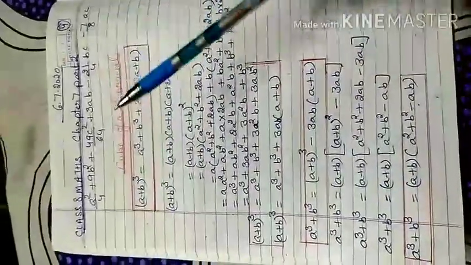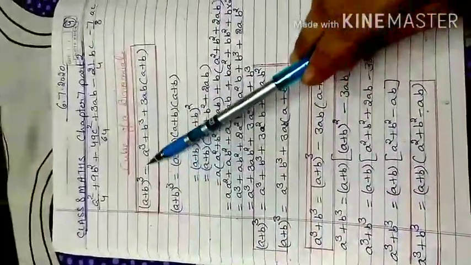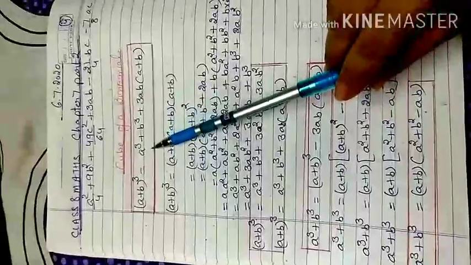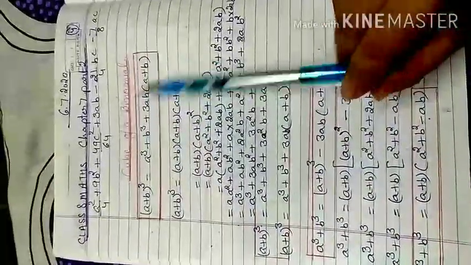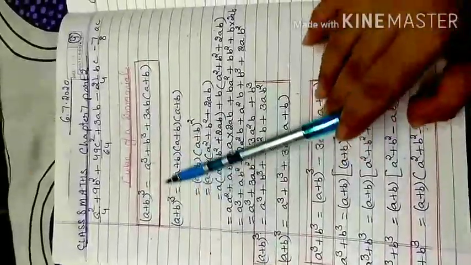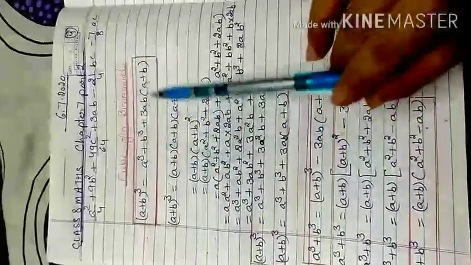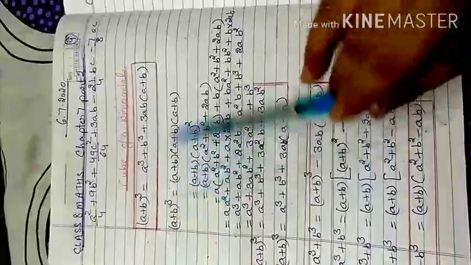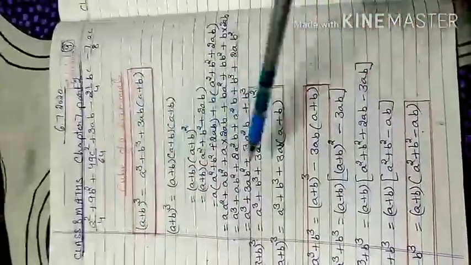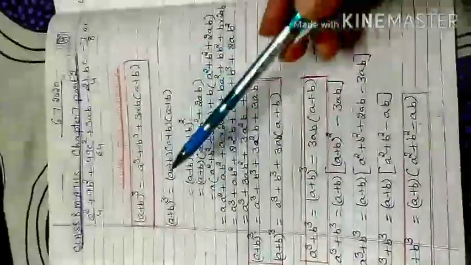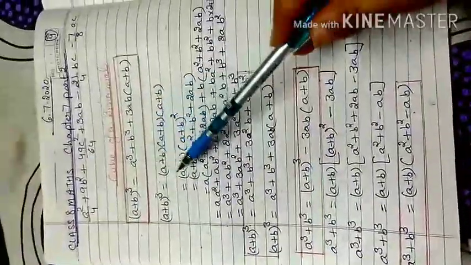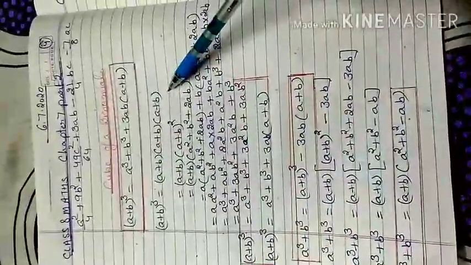Cube of a polynomial means if you have a plus b whole cube, your identity is a cube plus b cube plus 3ab times a plus b. That means first term cube, second term cube, 3 times the multiplication of these two terms, and a plus b. How do I get this formula? If a plus b whole cube, you have to multiply a plus b 3 times.